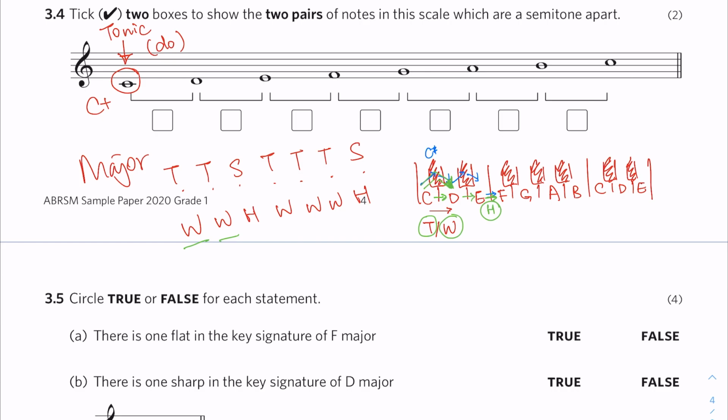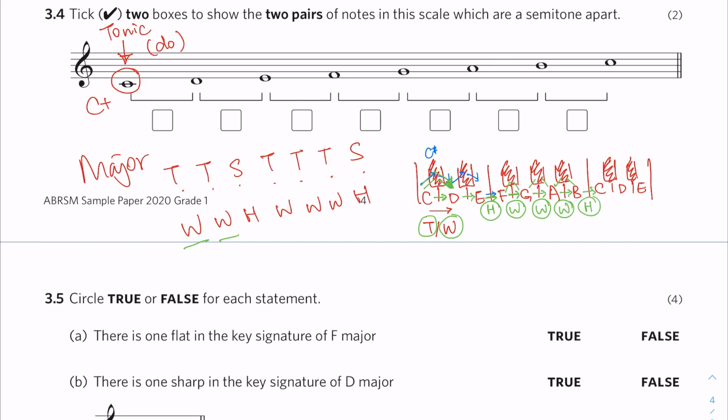Then we need a whole again. Whole is like this, half, half. So F to G is a whole. G going to A is a whole because half, half is a whole. A going to B, again, it needs to be a whole. Finally, the last one is B going to C, which needs to be a half tone.